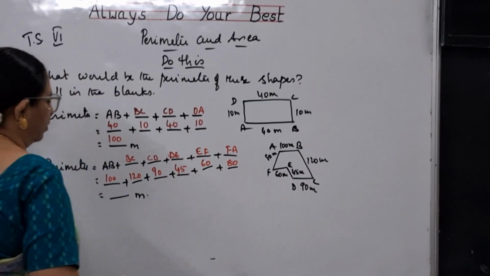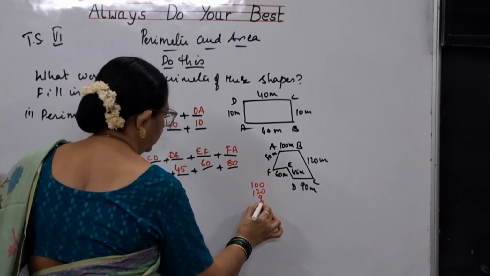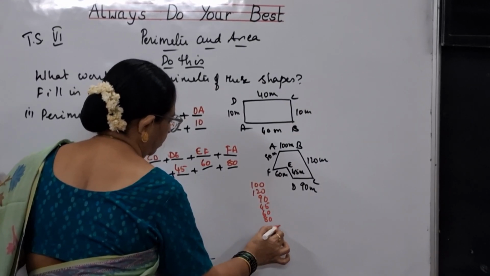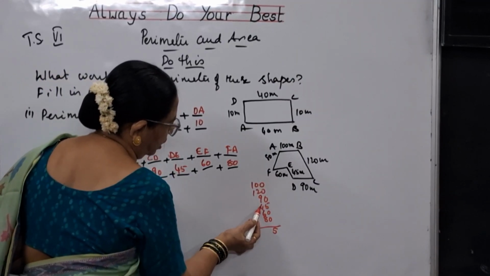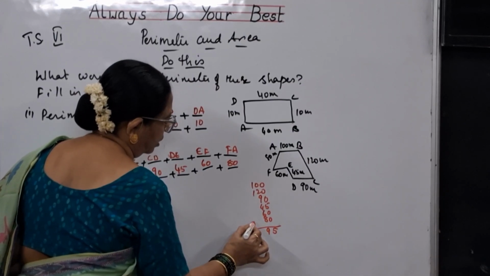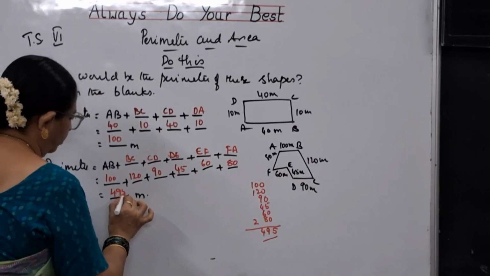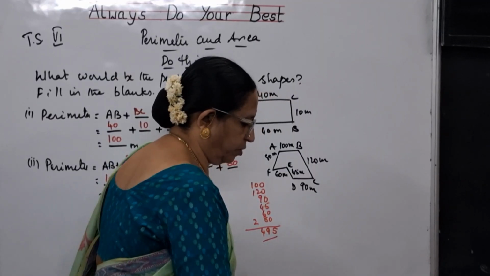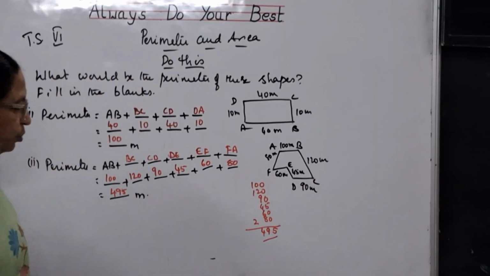So we need to add all this. So 100, 120, 90, 45, 60, 80. So let us add. This value is 495. So these are the two bits given to you, children. Please note it down. This is do this sum.